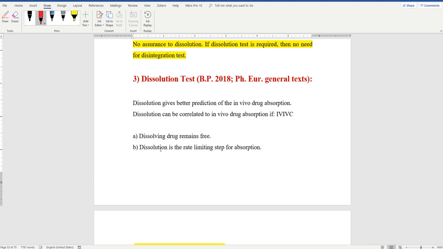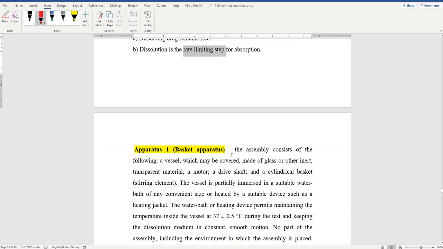If dissolution is slow, absorption will be slow. So the problem is not with the absorption, it is with the dissolution. That's why we say dissolution is the rate limiting step. يعني هو اللي بيحدد الrate for absorption. The faster the dissolution, the faster the absorption. The slower the dissolution, the slower is the absorption.